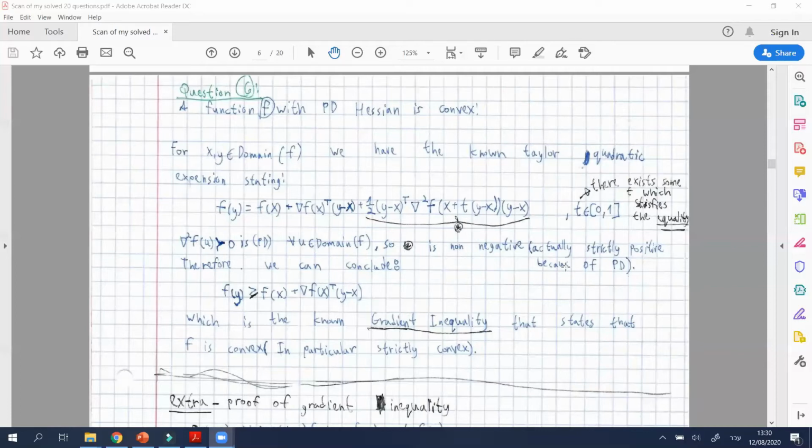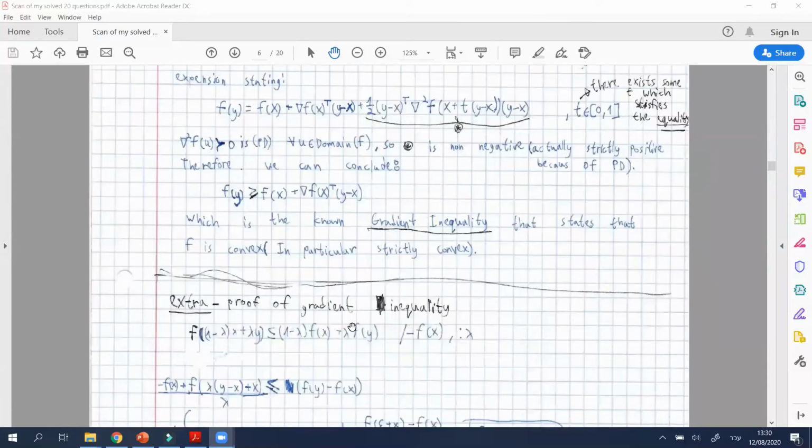So we can conclude that if this is positive and this is an equality, then f of y is bigger or equal than f of x plus the gradient of f times y minus x. And this is actually the known gradient inequality, which means that f is convex. And in particular, it's strictly convex, actually, but never mind.